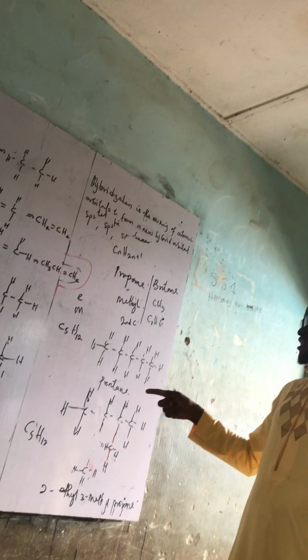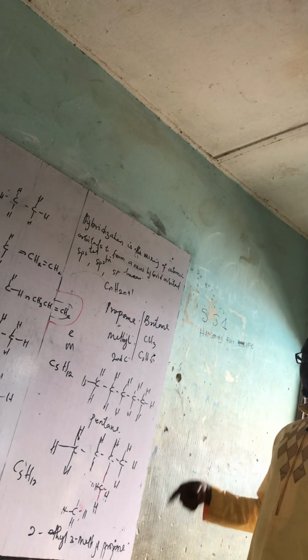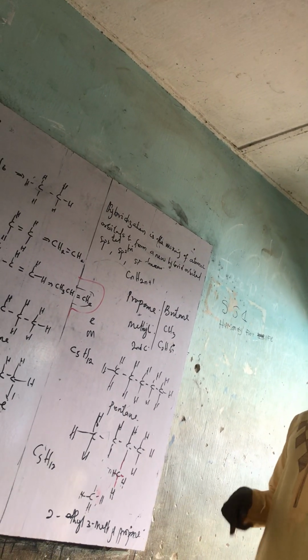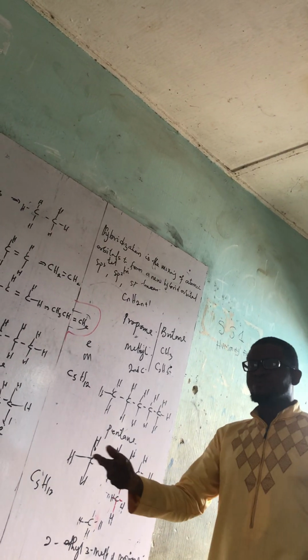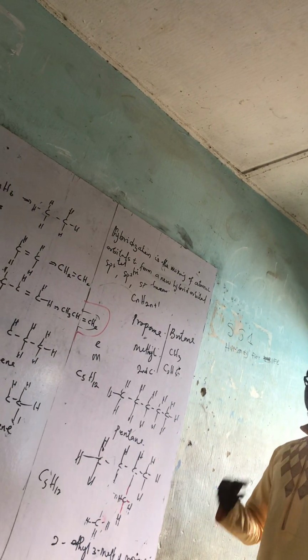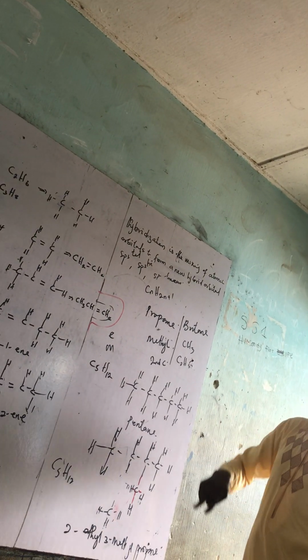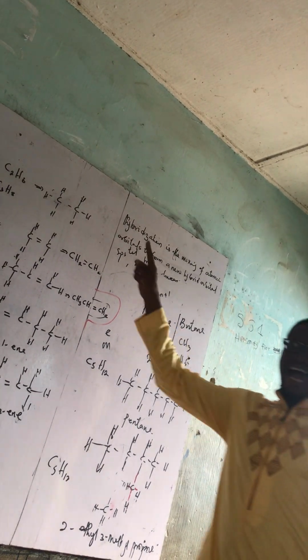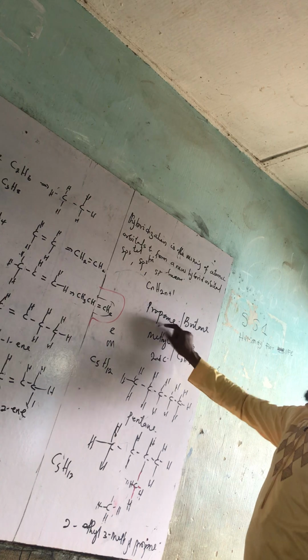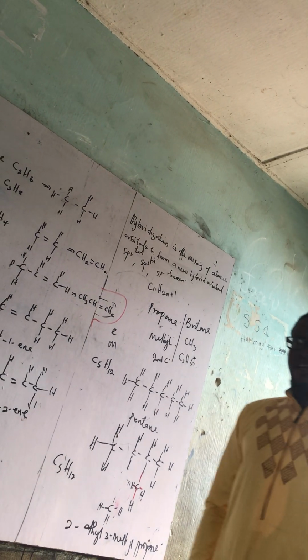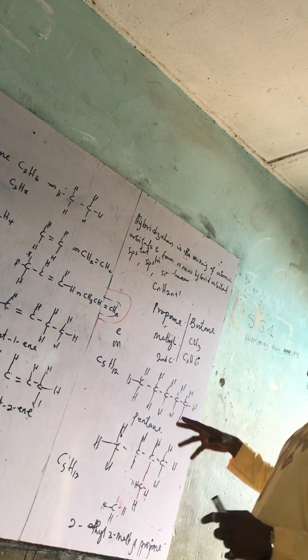The one on the second carbon is pronounced as 2, the one on the third carbon is pronounced as 3. But because both are methyl, I use dimethyl. Then I pronounce the parent name. So that is the little I can say.